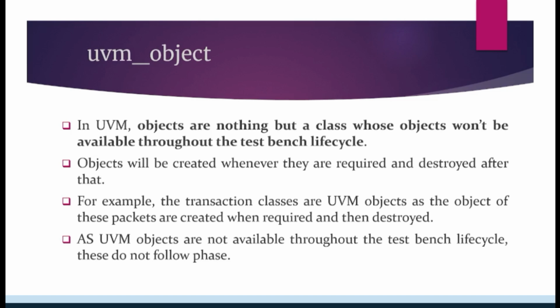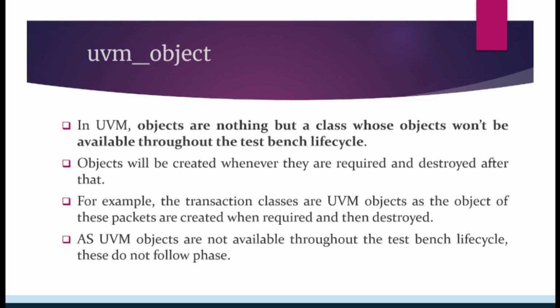That is called UVM objects: those which can be created whenever we require and destroyed afterwards. But those objects which are mandatory for the entire life cycle come under the UVM component side, right? So this is UVM component and UVM object.